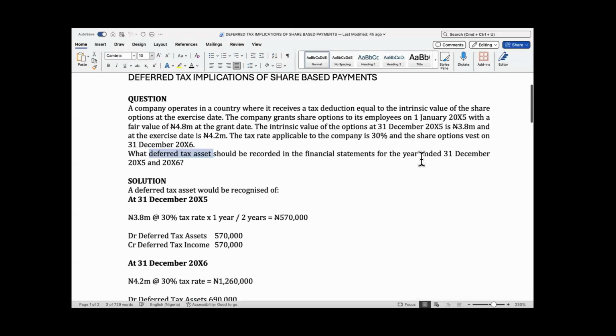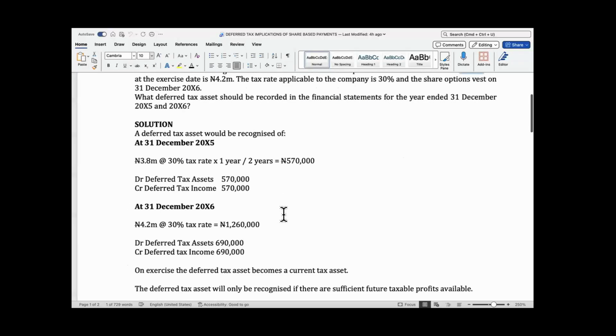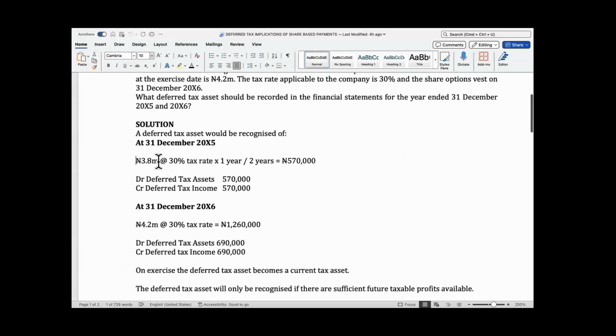And again, they asked for 2005 and 2006, which means that in 2005, they already gave us what the taxman will allow, which is the intrinsic value. They said it's 3.8. So as at 2005, the intrinsic value is 3.8. Apply 30% on that. That should give you deferred tax.